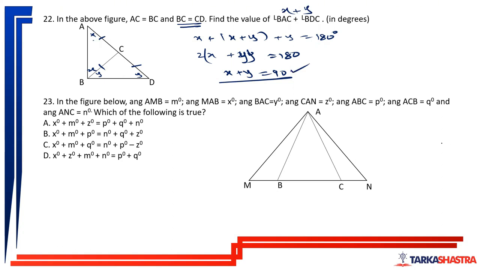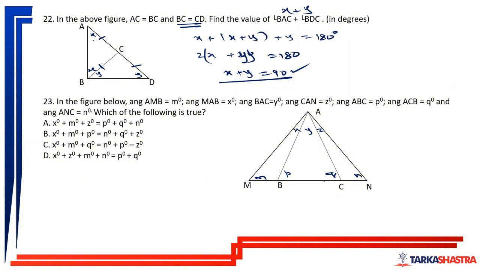Next, in the given figure, AMB is m degrees, MAB is x degrees, BAC is y degrees, CAN is z degrees, ABC is p degrees, ACB is q degrees, and ANC is n degrees.